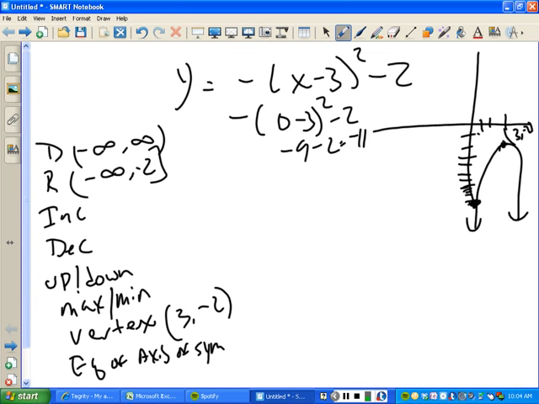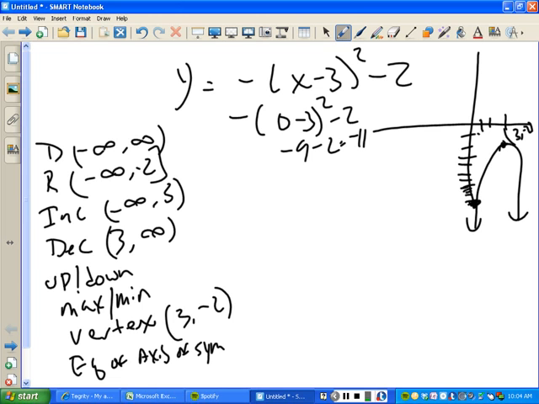Bracket on the negative 2 because it's including. Increasing: negative infinity to 3. Wow, how did I get that screwed up? It's all right. And then when's it decreasing? 3 to infinity. Don't say negative infinity. It is going to negative infinity, but it's on the right-hand side.